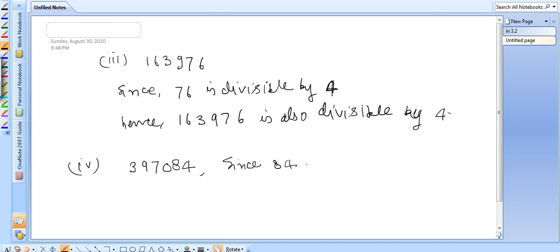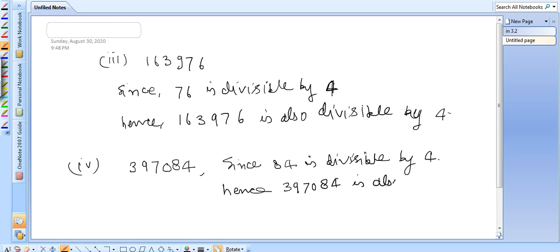Since 84 is divisible by 4, hence the number, okay, so what is the number? It is 397084, is also divisible by 4. So this question is completed. Note it down.